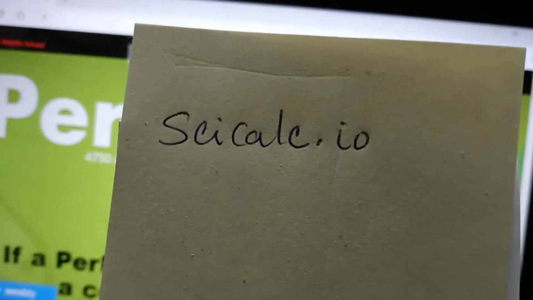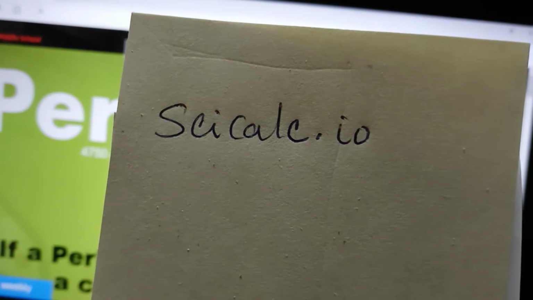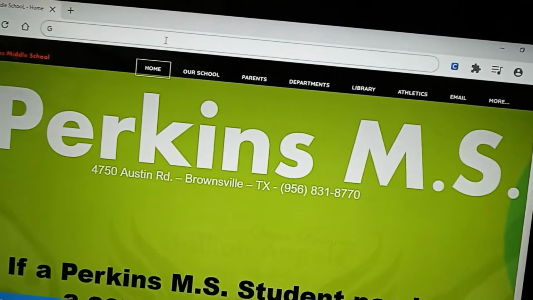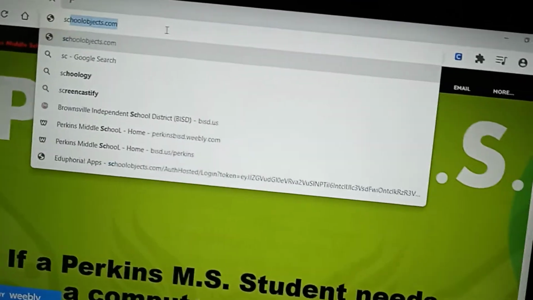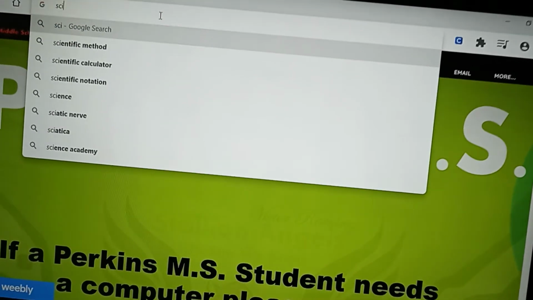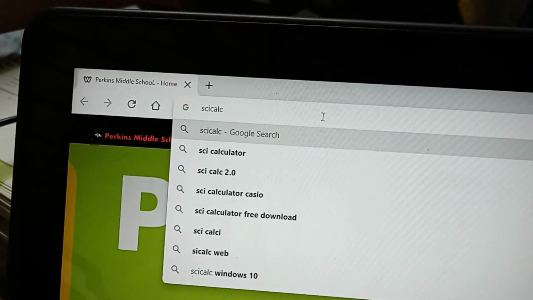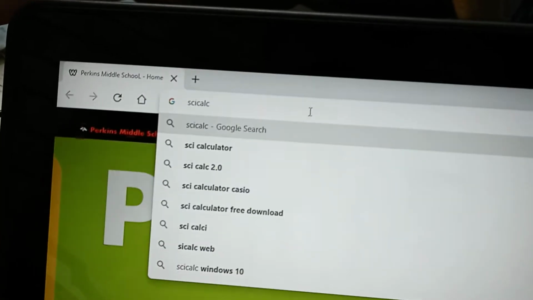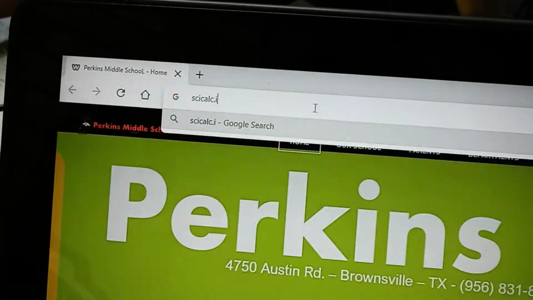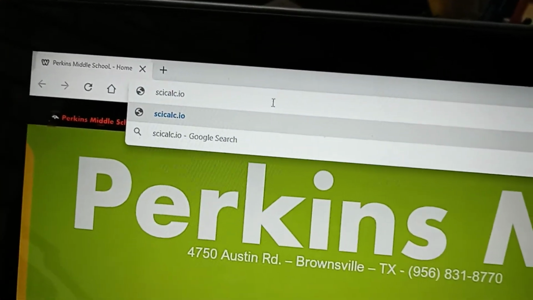SCICALC period IO, okay? So there's gonna be SCICALC, see, and then period IO. Okay, enter.